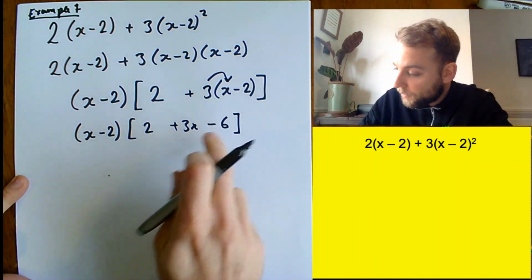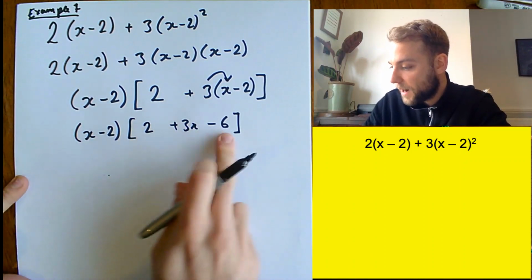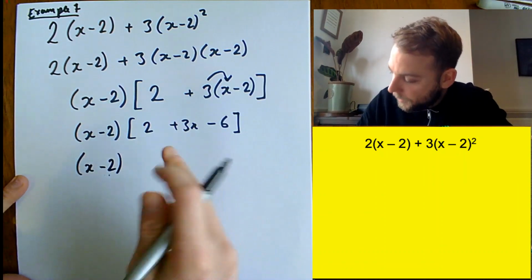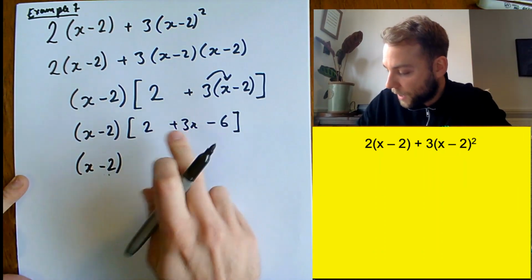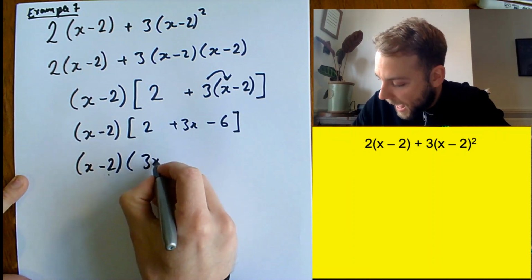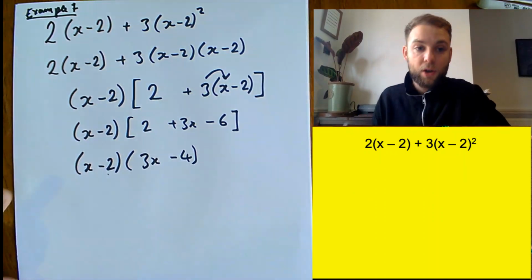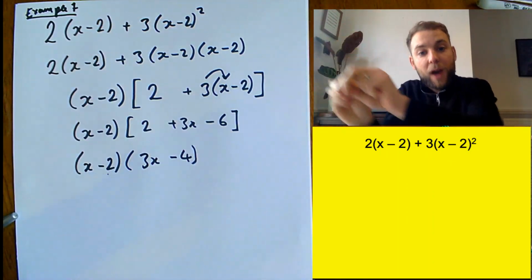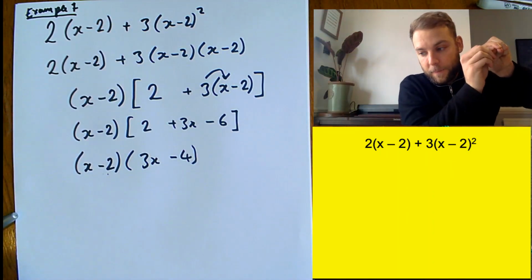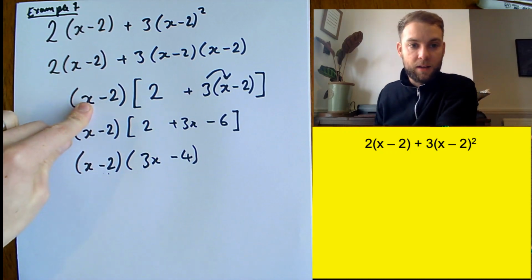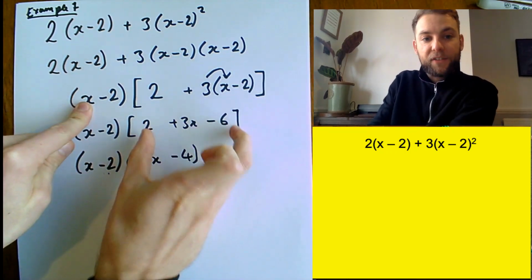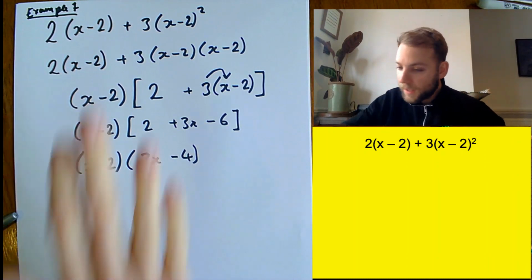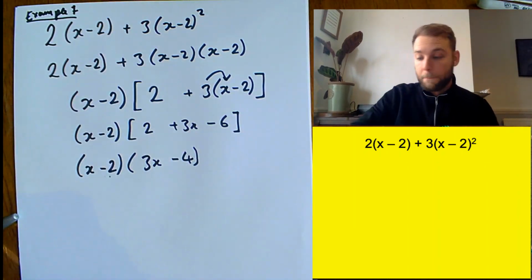I can then simplify these here. 2 minus 6 is minus 4, and the 3x is going to be 3x minus 4. So what I've done there is I've taken out x minus 2 as a common factor, which is here. And then I've got to simplify everything which is left over to get this 3x minus 4. That was example 7. I am going to do one more of these.